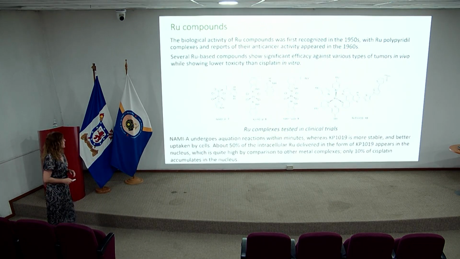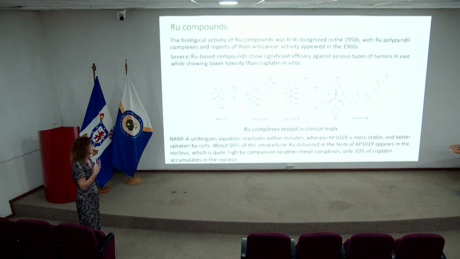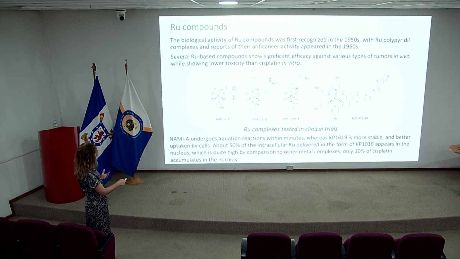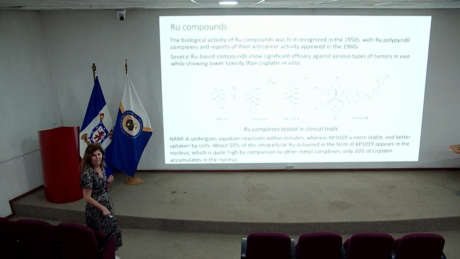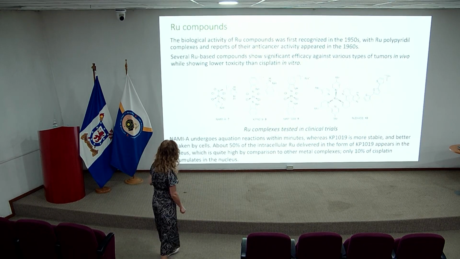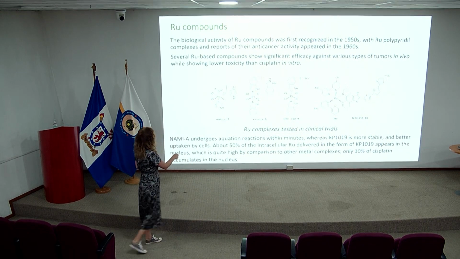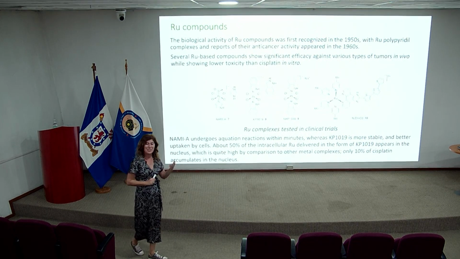Okay, so again, as is the case with the platinum compounds, the aquation. So you see that this is wrong. This is not platinum. Gosh. Okay, this should be ruthenium, okay? Ruthenium-3.